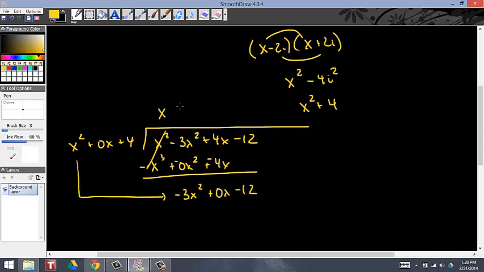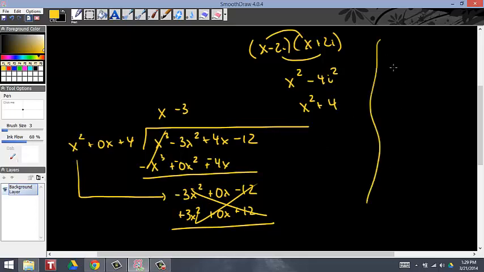This is going to go in negative 3 times. So I get negative 3x squared plus 0x minus 12. What do you know? They all cancel each other out. So what's the remaining zero? 3. x equals 3.